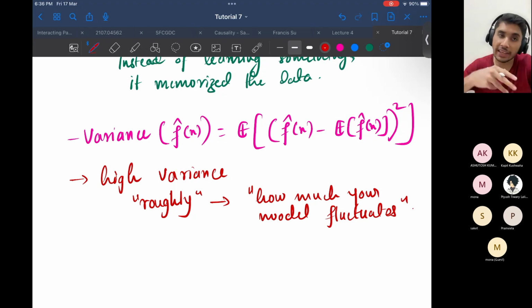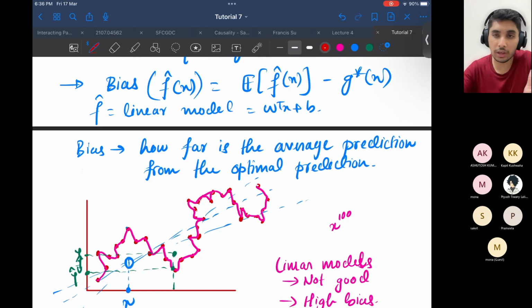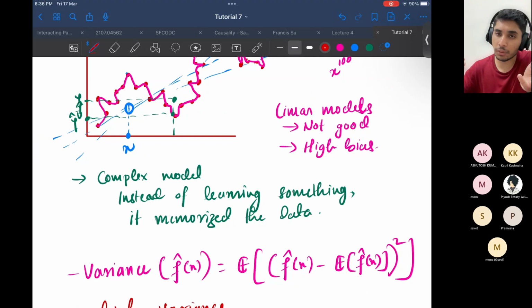This is what the variance is telling you. So having said that, when bias told you how far you are from the optimal model, now variance is telling you how much your model is fluctuating.